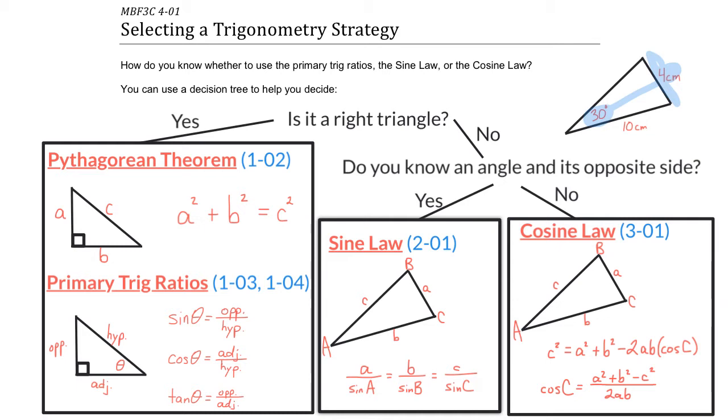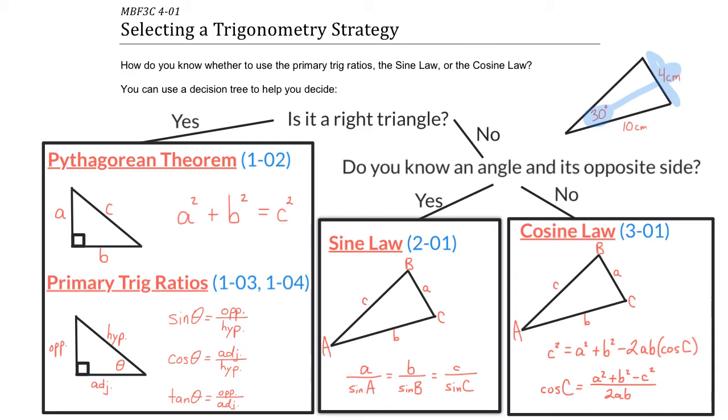So depending on whether or not you know an angle and its opposite side, that tells you whether you use the sine law or the cosine law. The sine law we covered in lesson 201 back in Spiral 2, and the cosine law we covered in lesson 301 in Spiral 3. For both of them, you can calculate a missing angle or a missing side using the correct formula.